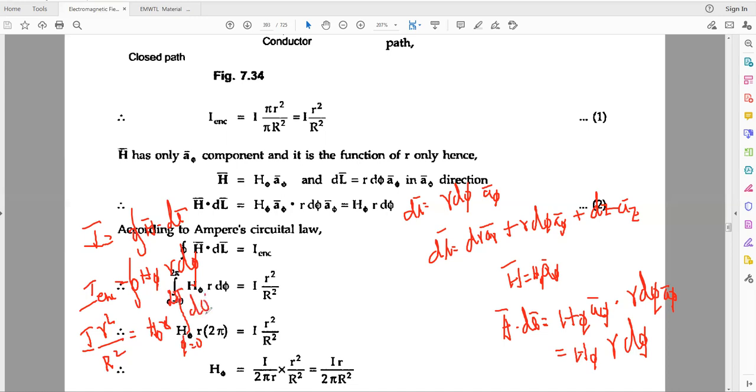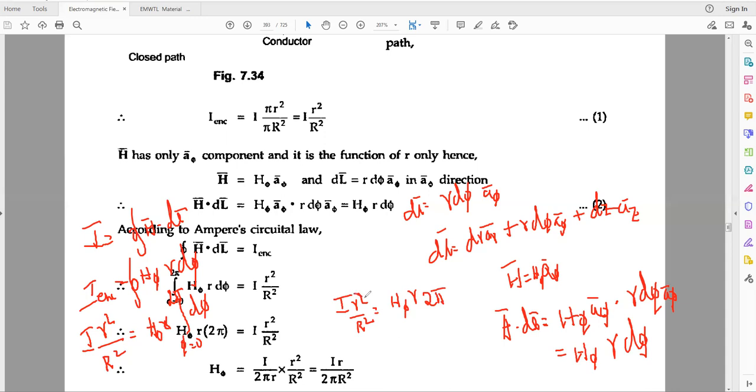So I r square by R square is equal to H phi r times the integral of d phi, which gives phi, and with the upper limit 2 pi we get 2 pi here.